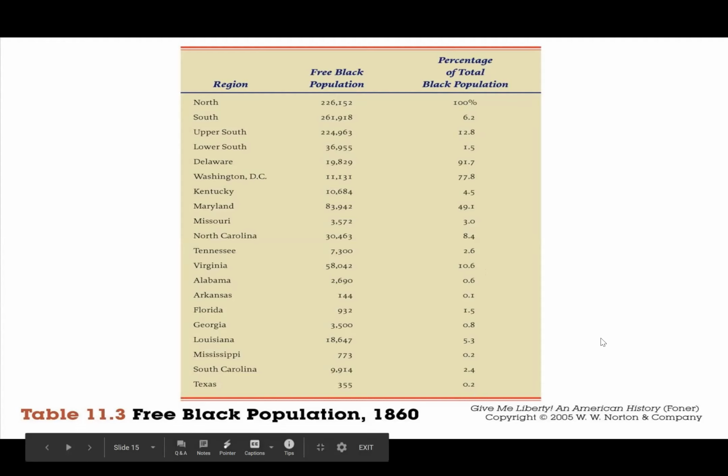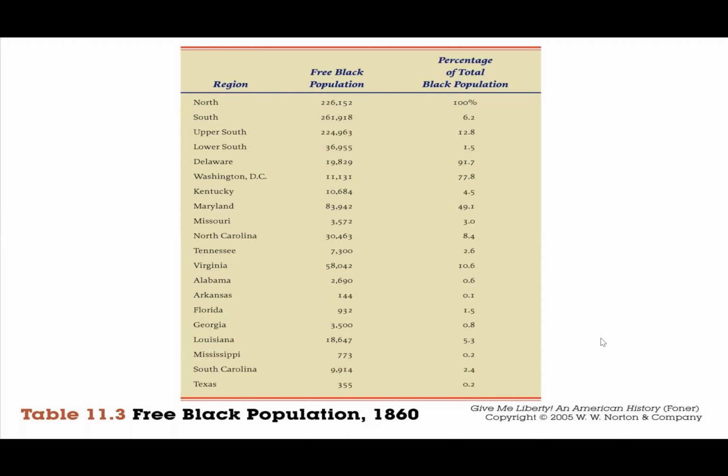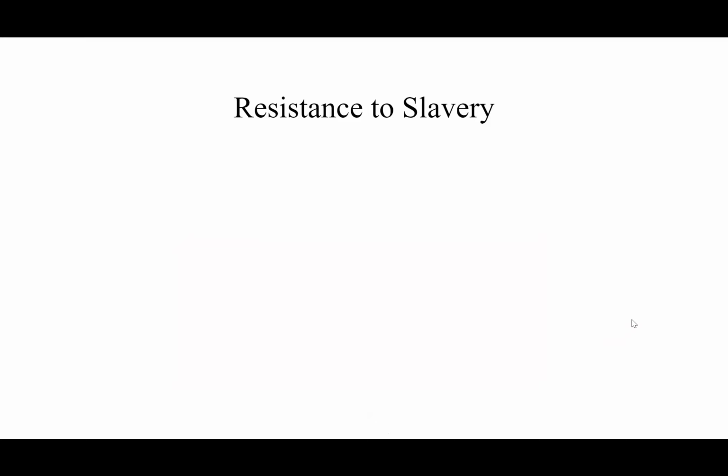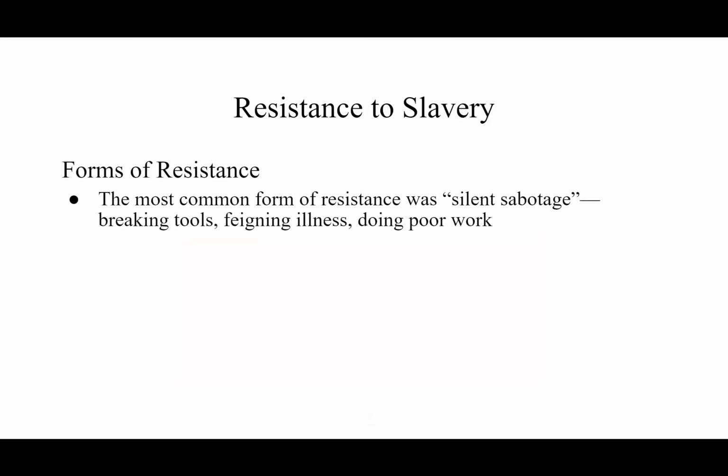So what you can see by this is that the majority of black people in the South during this time are slaves. So there is resistance to slavery from slaves themselves. The most common form of resistance was called silent sabotage. This is where a slave would break tools or pretend to be sick, or they would just do poor work to try to halt the harvesting and production of crops, and therefore try to inflict some economic losses on their masters.